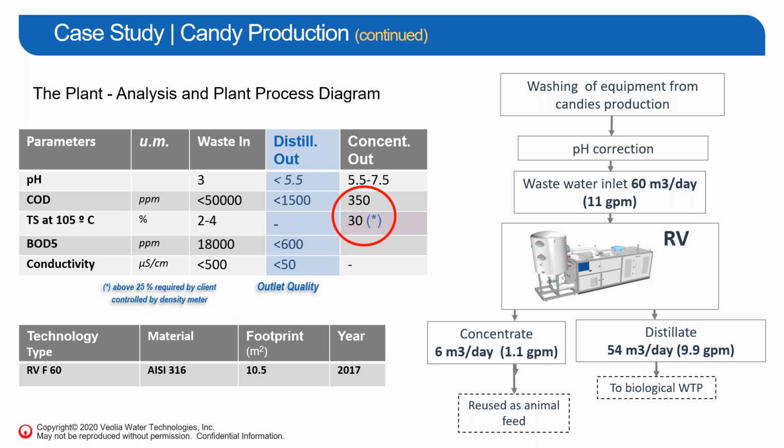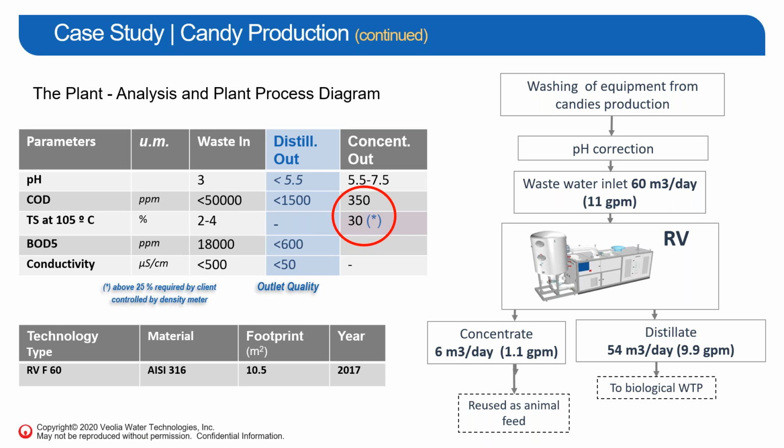And as you can see on the COD and the BOD. With all the other water technologies, it is a little bit tough to treat water with a lot of sugar. So the only way to treat this water is to evaporate the water and collect the sugar.